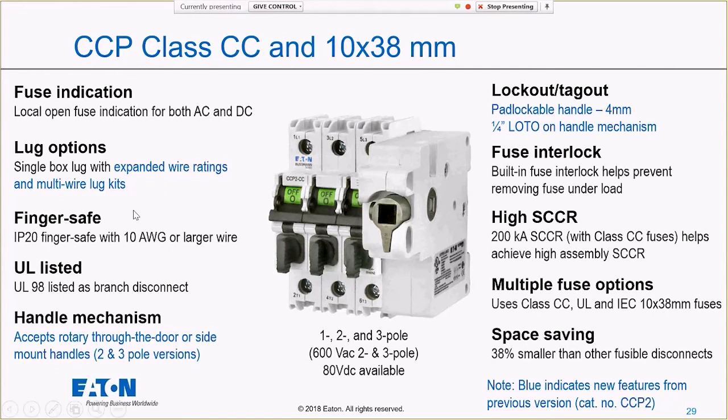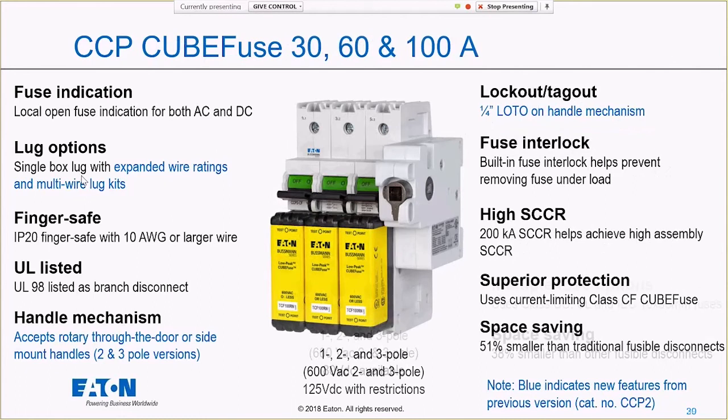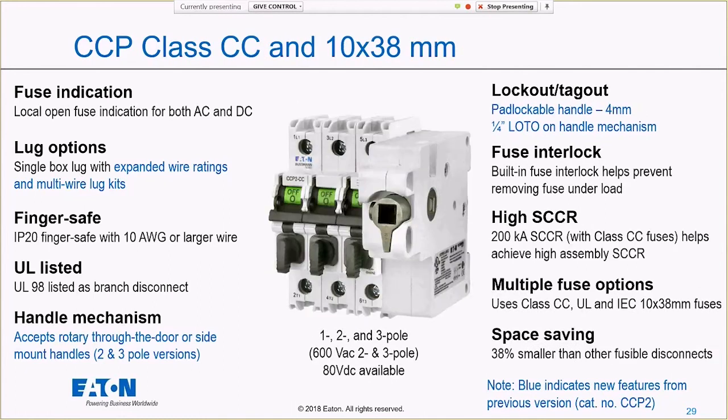One of the really big benefits, which we'll go into detail later, is the ability to use multi-wire lugs on this. We'll go through those multi-wire lugs after I introduce the switches. It has a finger safe design, and it's a UL98 disconnect, rated to be that main panel. The Class CC only goes up to 30 amps, because Class CC fuses only go up to 30 amps, but it's the smallest 30 amp fusible disconnect that you can buy.